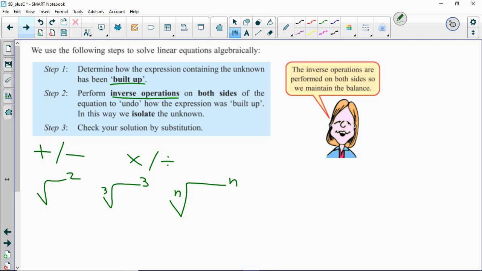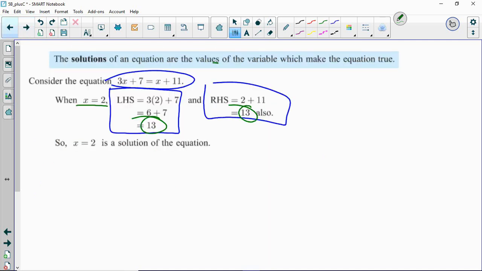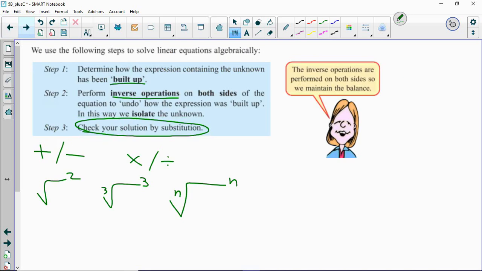Step 3, please, please, please check your solution by substituting your answer back into the original equation like we saw in this example here. If we got 2 as our answer, this work in the blue boxes is checking it to make sure that it's right. And I'm making a big deal about this because, as we're going to see later in this video, there are equations where our work will generate incorrect answers.